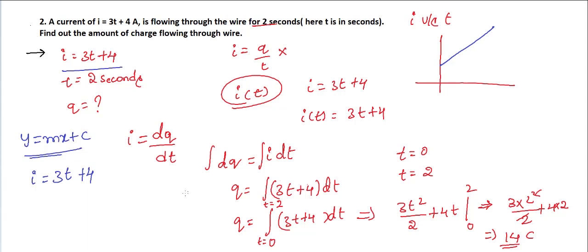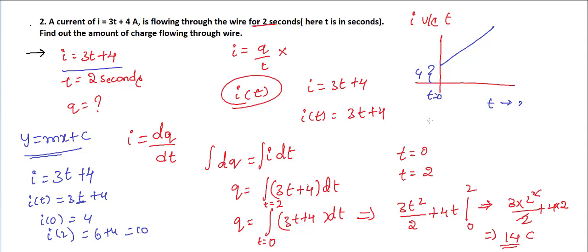The one more thing you can do is put in I of t equals 3t plus 4, put t is equal to 0, we get I of 0 is equal to 4. So this is the 4 when t is equal to 0. For t is equal to 2, substitute the value 2 in this, you get 6 plus 4, that is equal to 10.